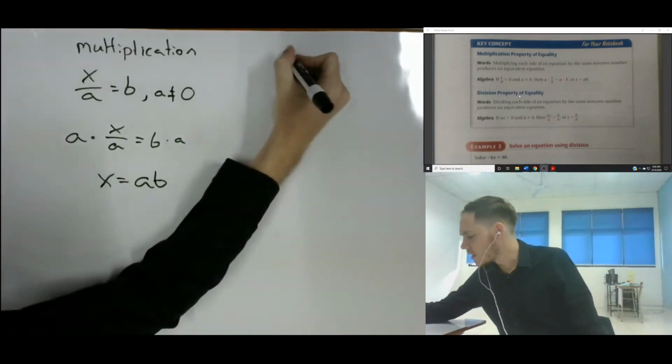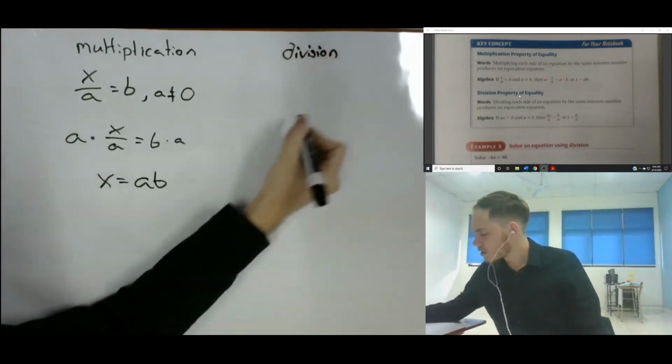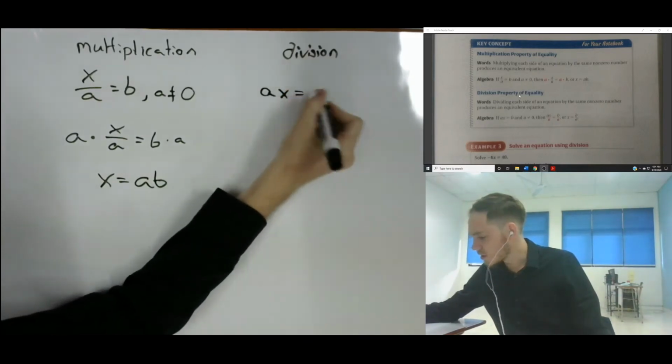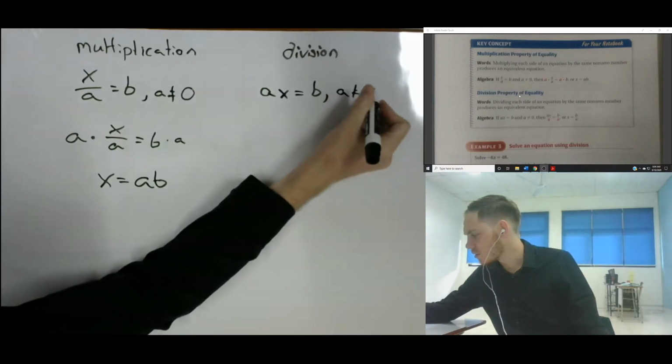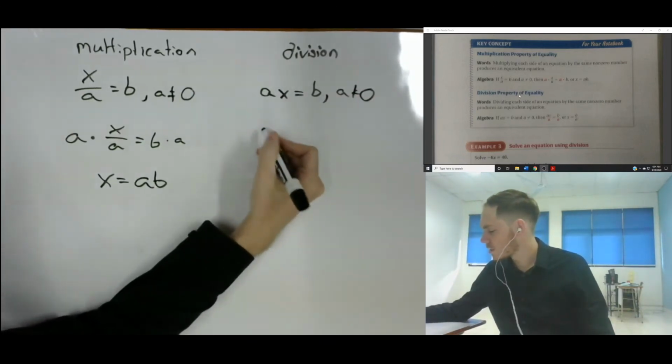Then the division property. The division property is going to have ax equals b, again provided that a is not equal to 0, because if you multiply by 0, this is not going to be useful.